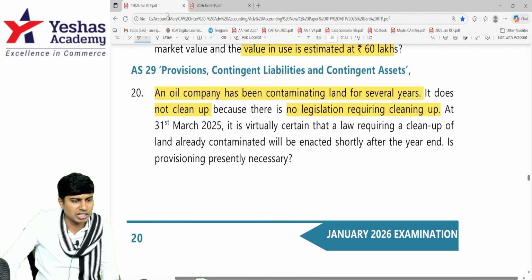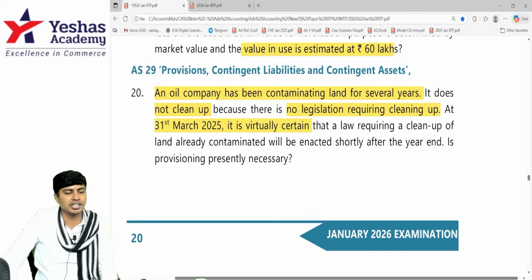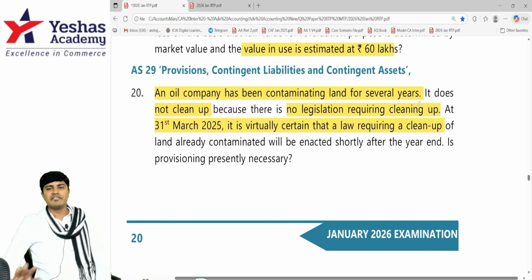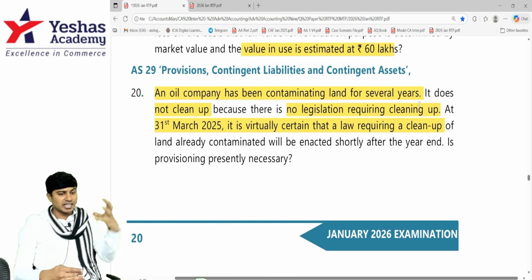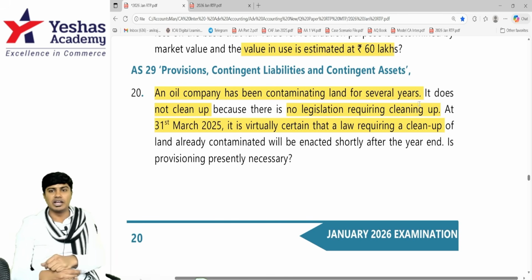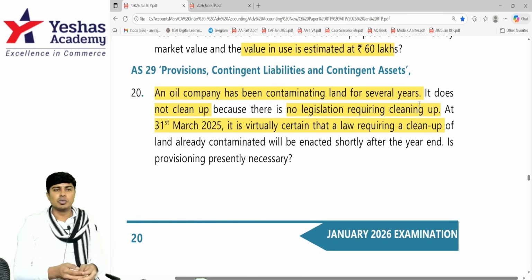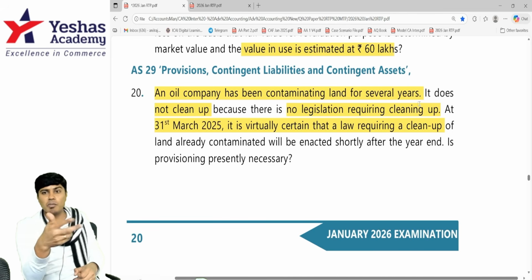See, on 31st March 2025, the company is 100% sure, as people have been protesting, that the new law will come, which will enforce a liability on the company. So what should we do? Firstly, it was a contingent liability if you think the law will not come. Now, because there is a virtual certainty that a new law will come, you will be obligated to clean up and you might have to incur money. So because there is a present obligation, which is going to result in a probable outflow, there is a virtual certainty.